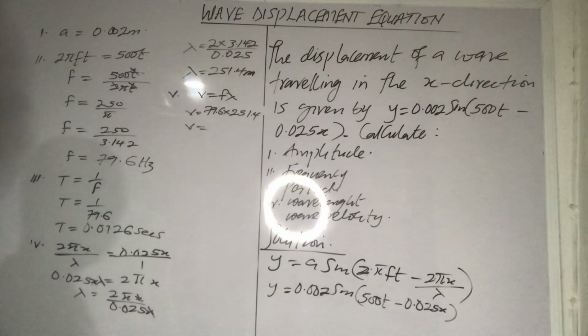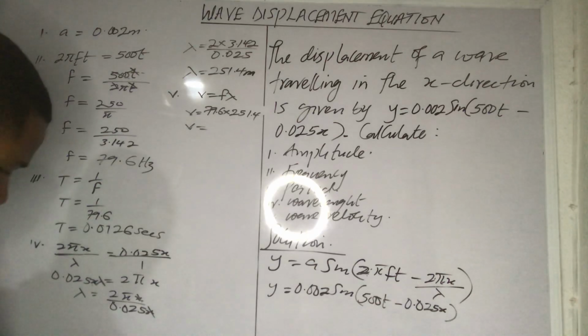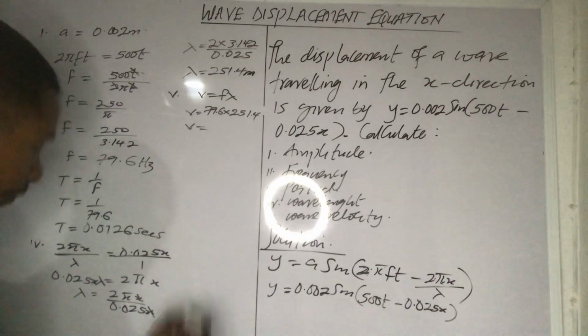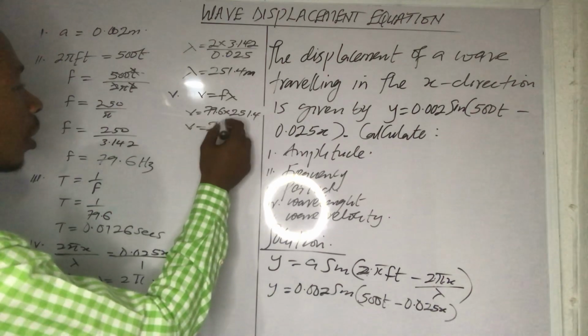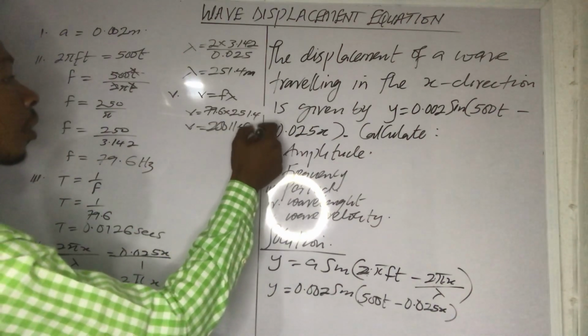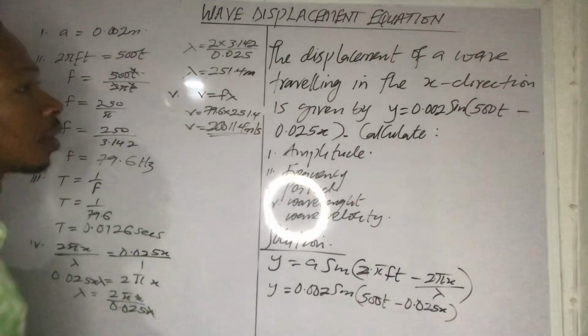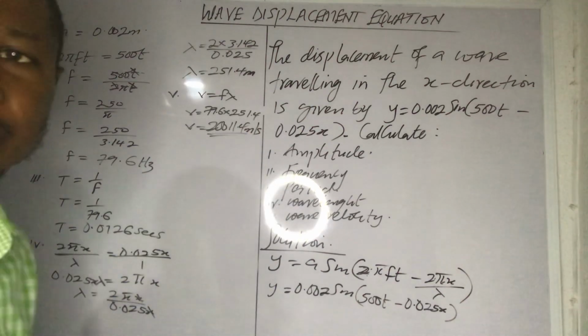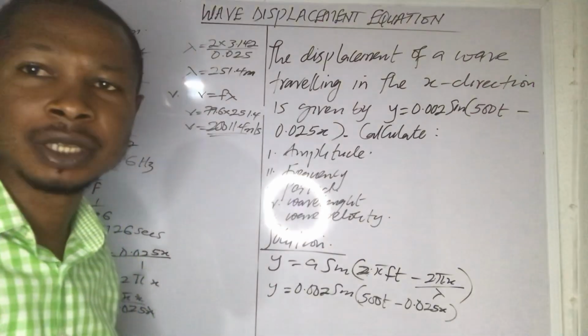That will give me 20011.4 meter per second. So this is another example on wave displacement equation.